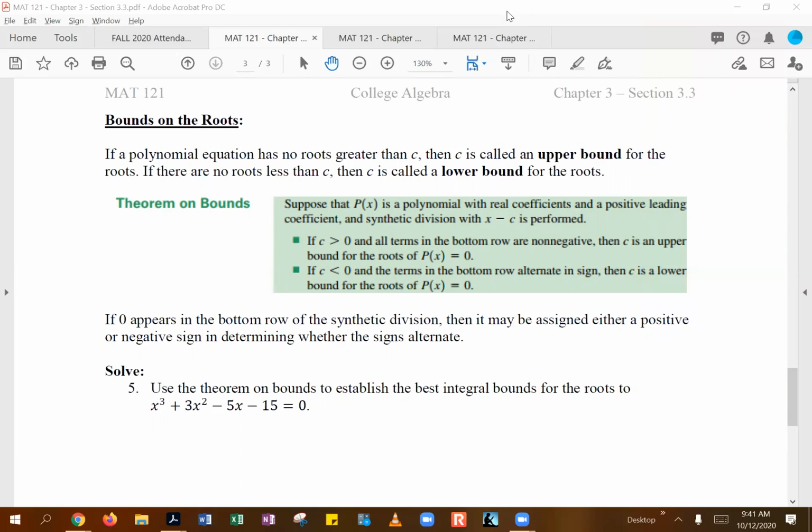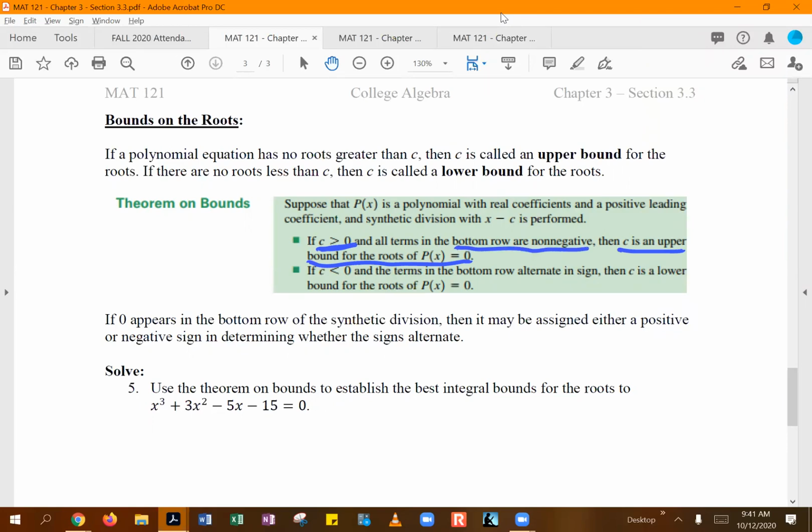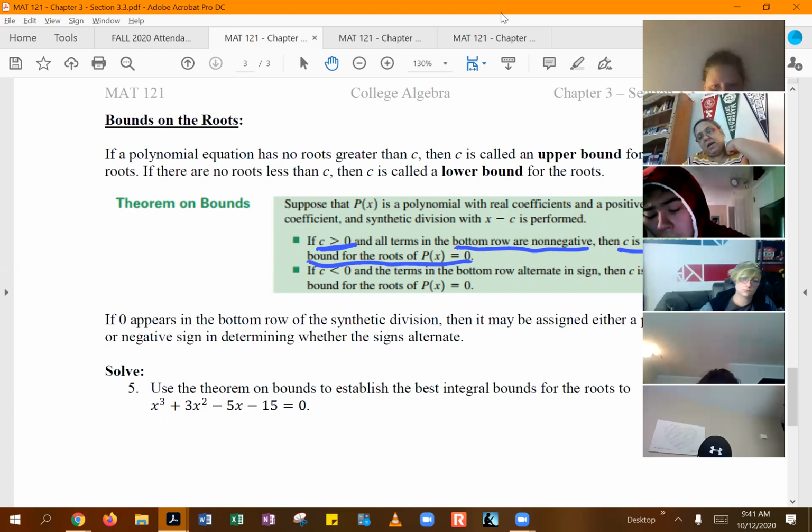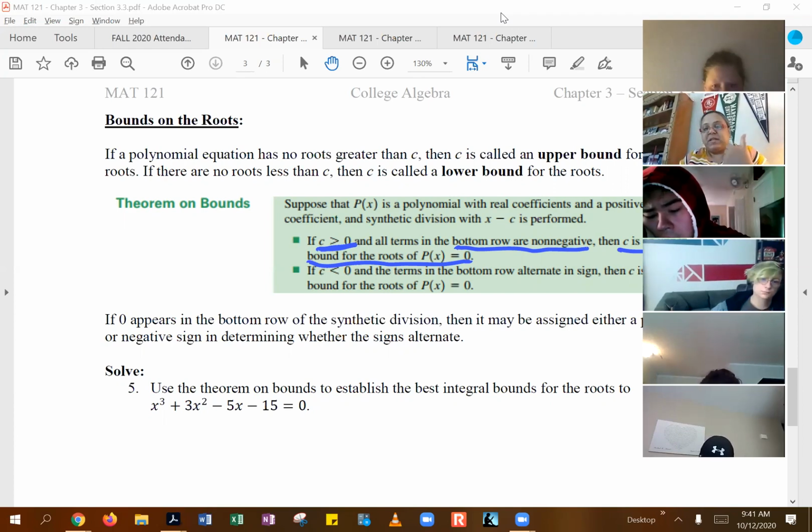And the way the theorem on bounds actually works is you have to figure out what number, and we're just calling it a number C. So for the upper bound, we have to find a positive number C, such that when we do synthetic division with this number C, the bottom row is going to be all non-negative numbers, which means you can have a 0 in the bottom row or a positive number.